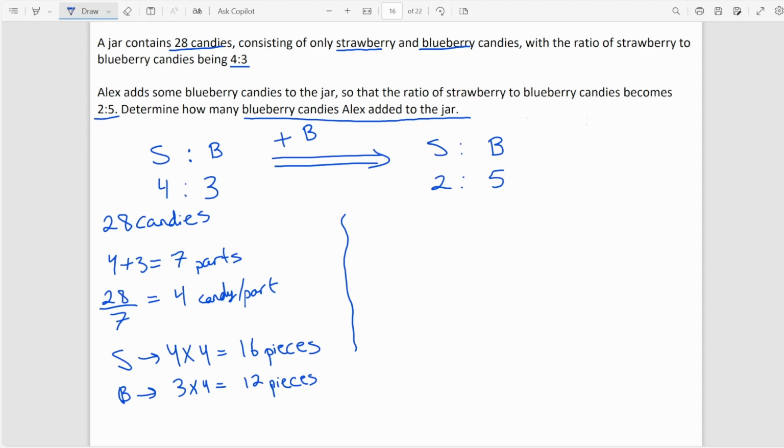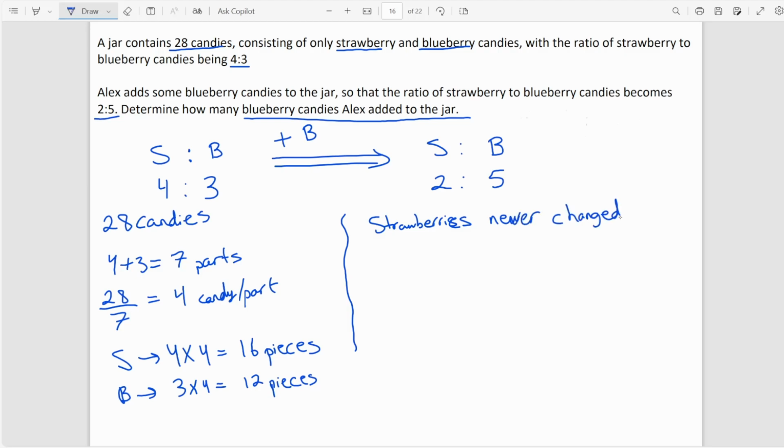Now, how will we figure out how much blueberry was added in the next scenario where the ratio changed? The most important thing to understand here, and what will actually solve the question for you, is this little trick where you should remember that the strawberries never changed.